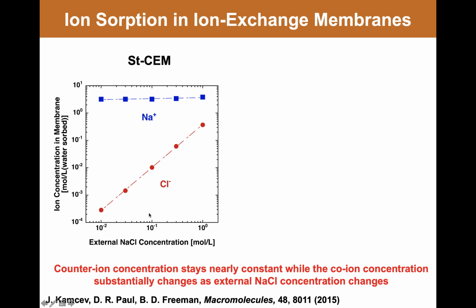And then as the external salt concentration increases, the chloride ion concentration gradually comes up. And this is the phenomenon of Donnan partitioning. At very low salt concentration, those chloride ions, which have the same charge as the sulfonate groups on the backbone of this polymer, just have no thermodynamic interest in partitioning into that polymer.